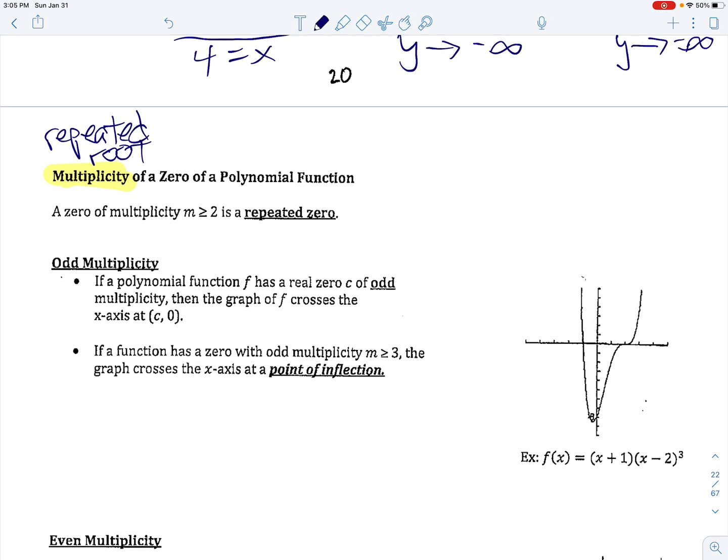Okay, and there's two types of multiplicity. There's odd multiplicity and there's even multiplicity.